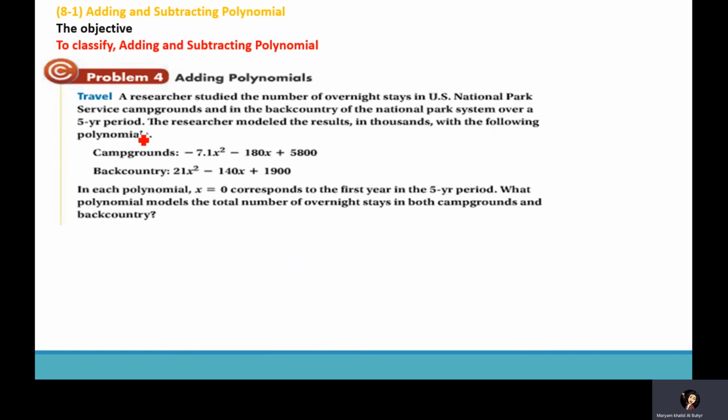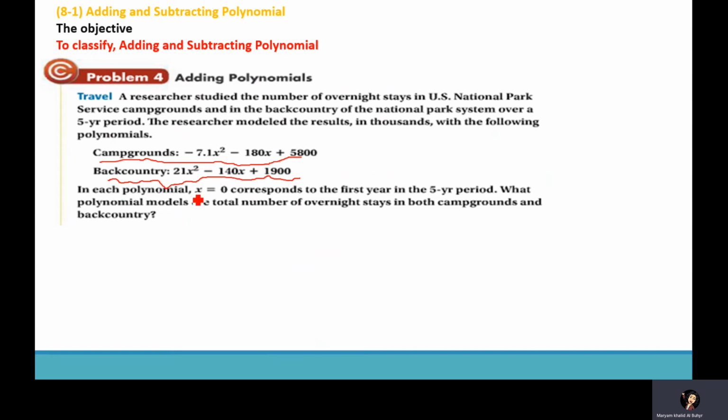Here, researchers studied the number of overnight stays in national parks in the United States. They have 2 different parks, and they represent the first park in this polynomial and the second park in this polynomial. The thing is, they want you to add these polynomials.